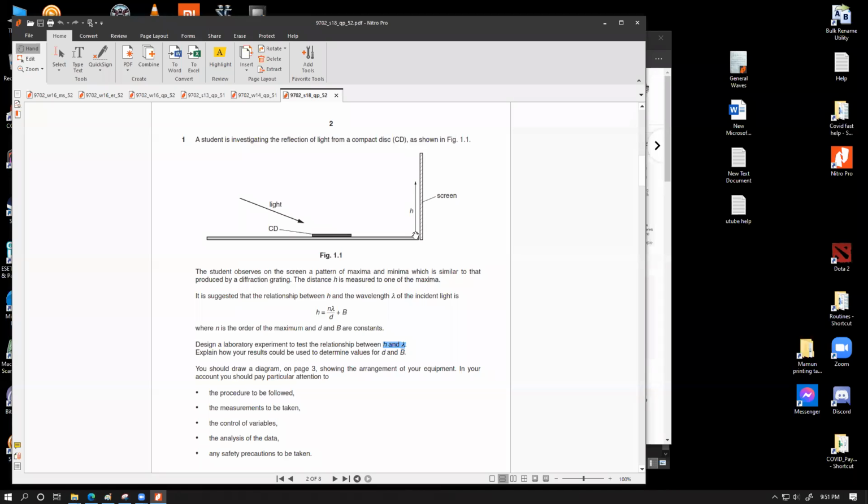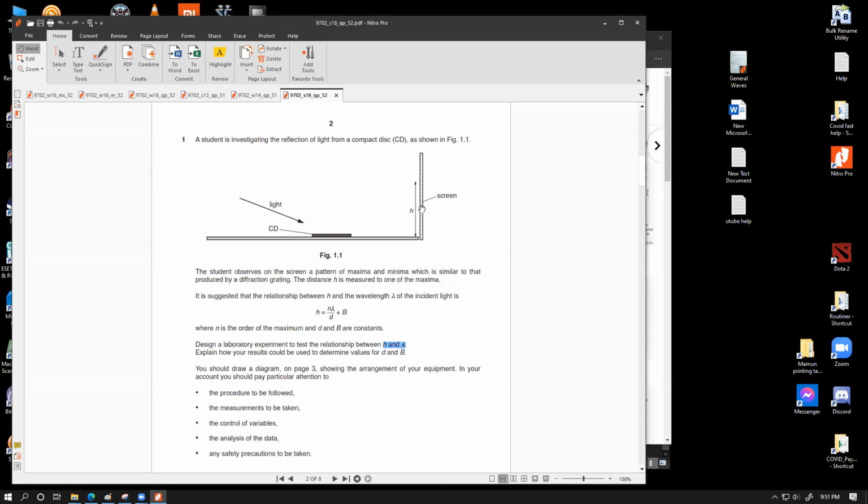You have to choose a very specific maxima number that you would prefer to do your experiment for, for the entirety of the upcoming readings. So if you choose that you're going to take measurements for the second maxima, then for your first reading, whenever you set your first light source, you find the second maxima and measure that height.